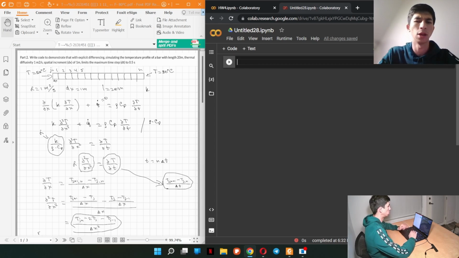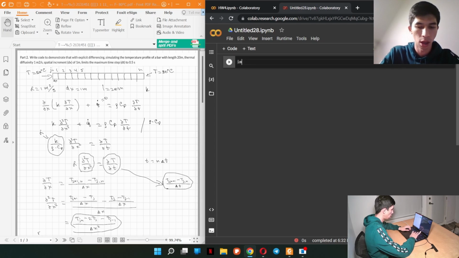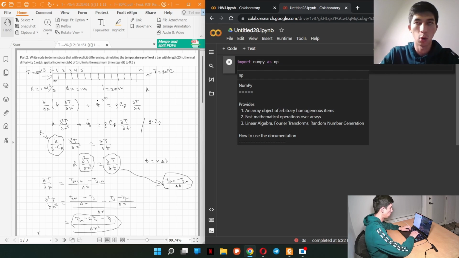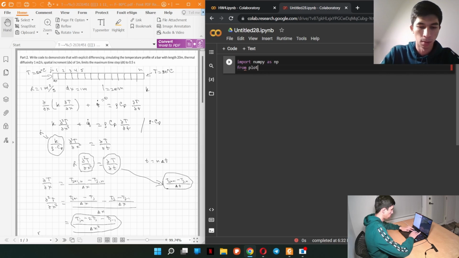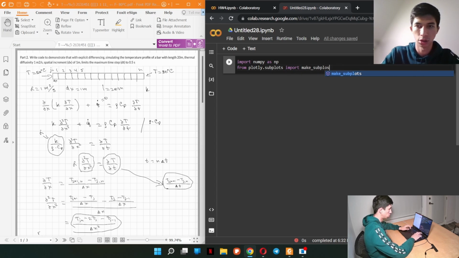As we're going to work with numbers, we'll always start with importing numpy as np, and we're going to use plotly. So from plotly.subplots, we should import make_subplots.